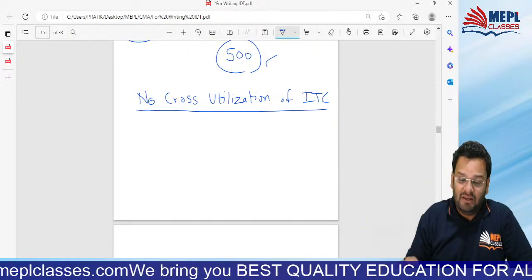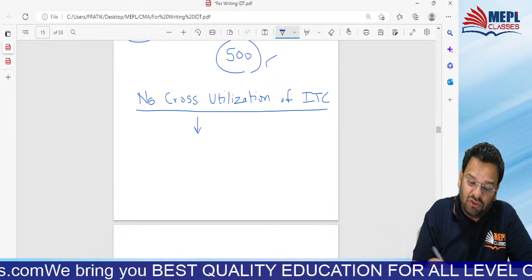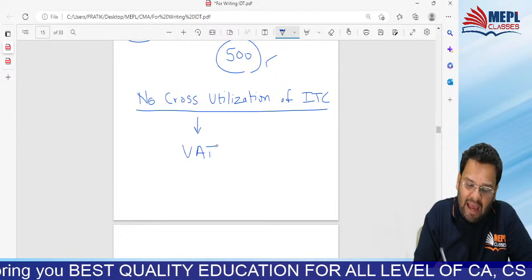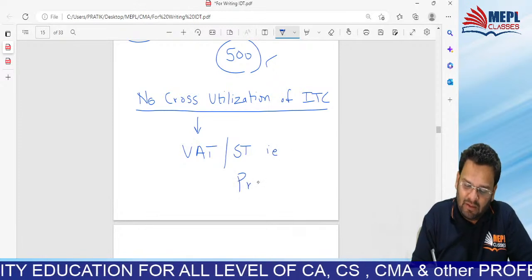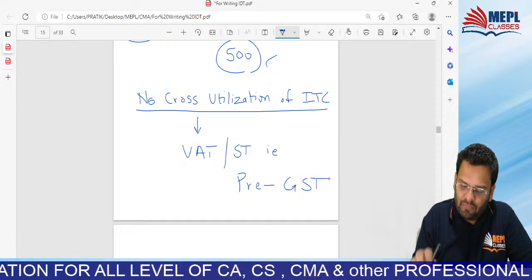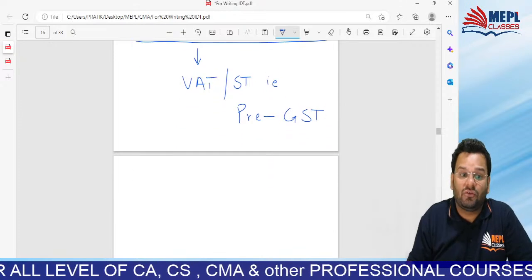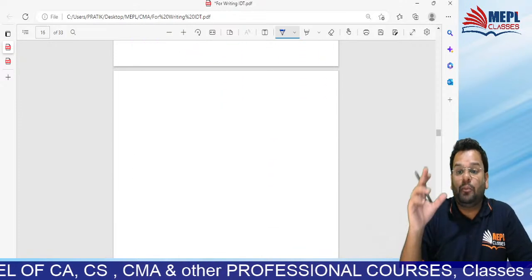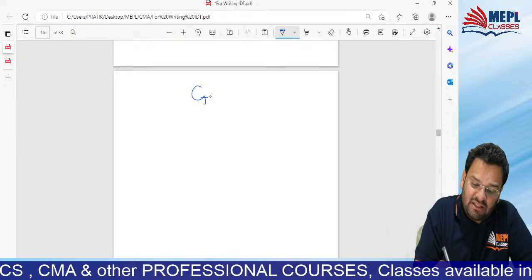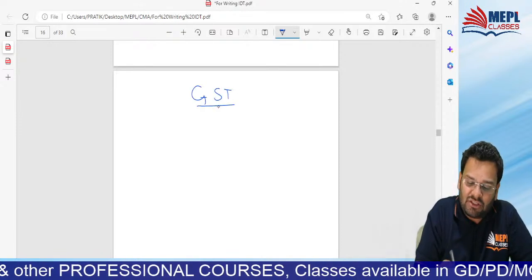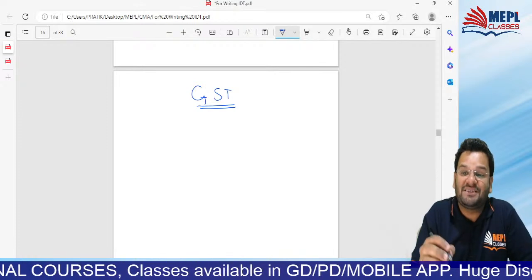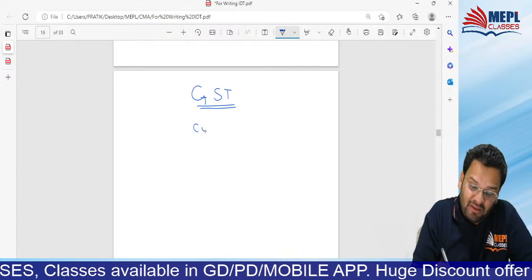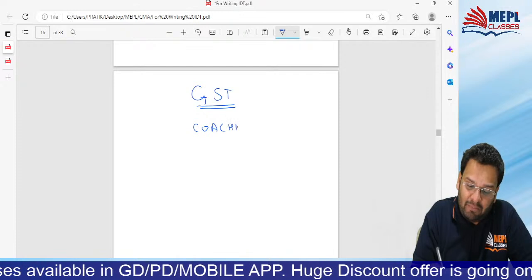So tell me, there was no cross utilization in VAT and service tax. That is pre-GST. There was no cross utilization of ITC. Now please tell me, in GST is cross utilization possible? In GST, what will happen?